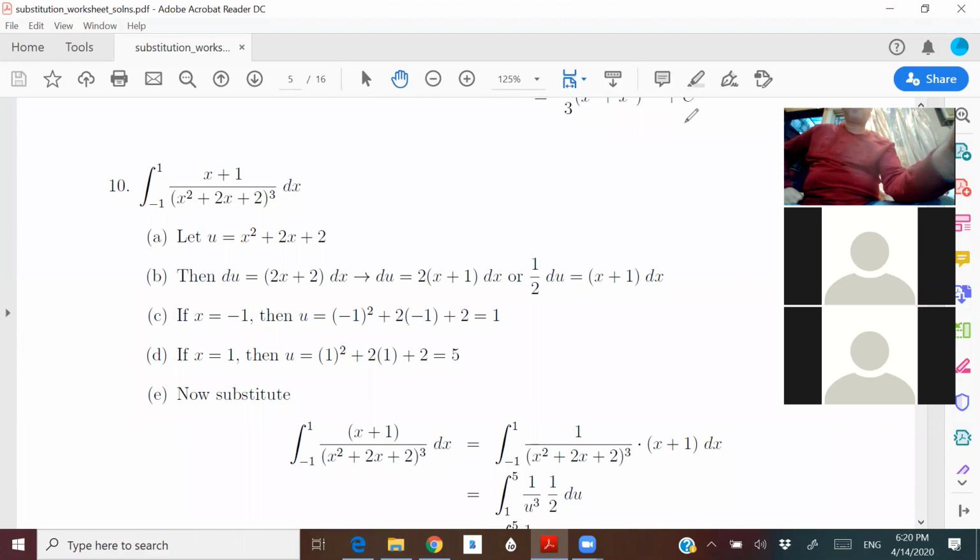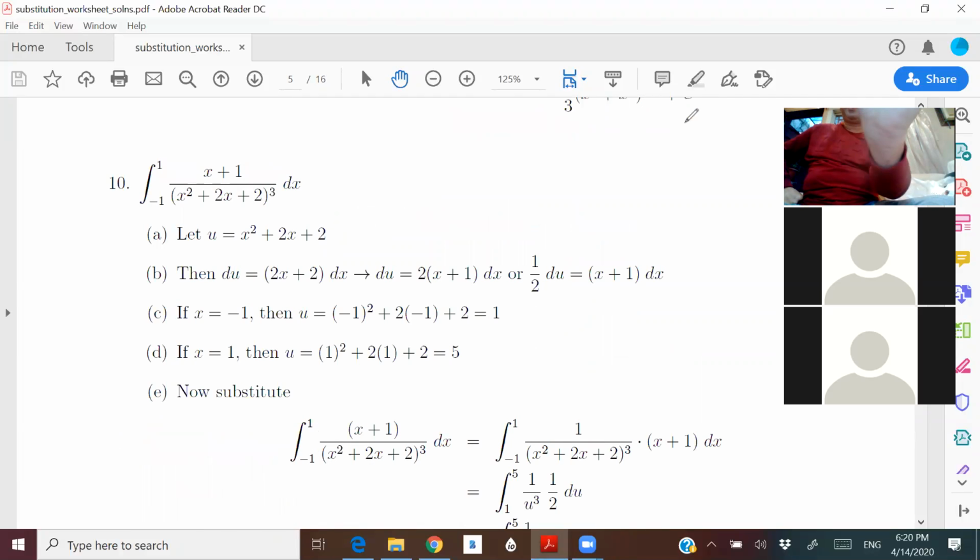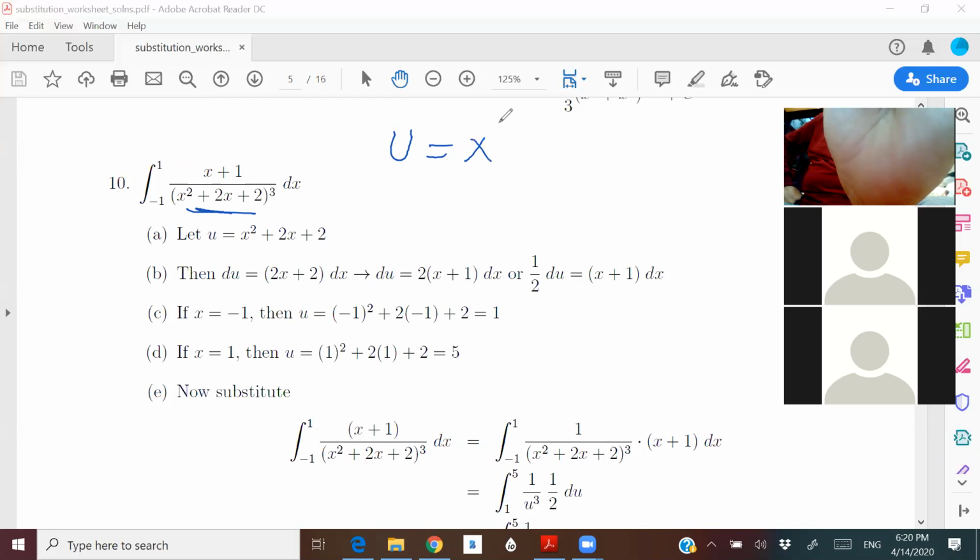One more. Which one do I have to replace? This one, right? Again, this one is u, x squared plus 2x plus 2. What is du? Hurry up. 2x plus 2.